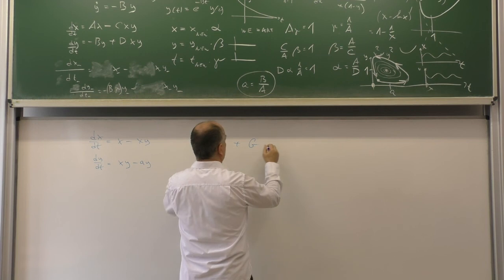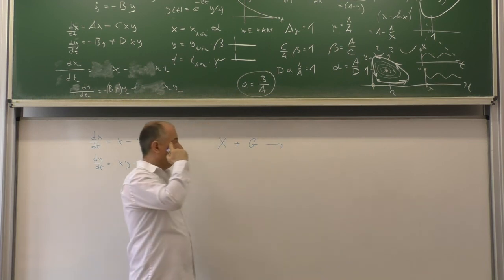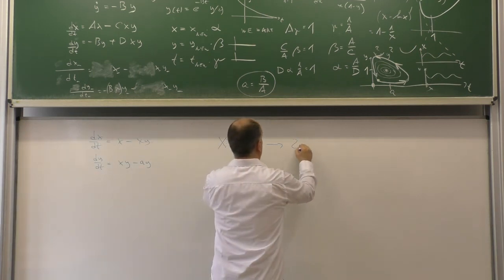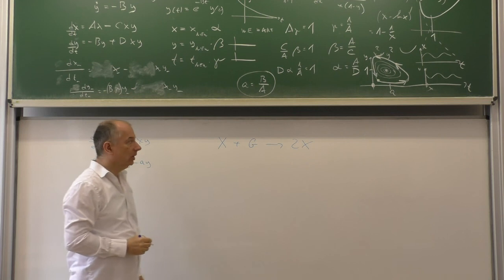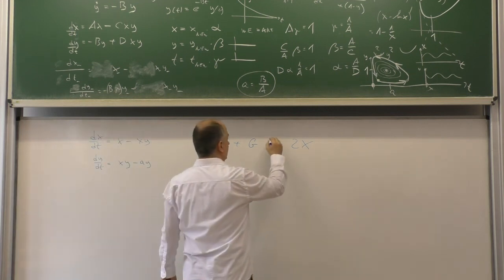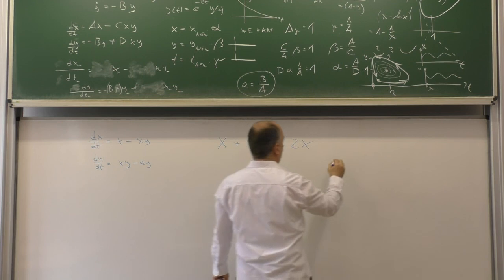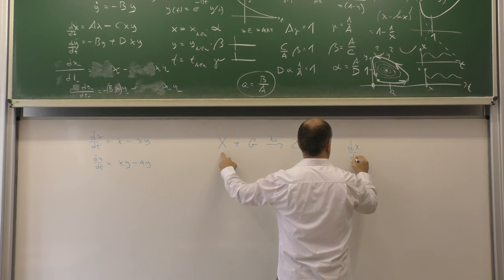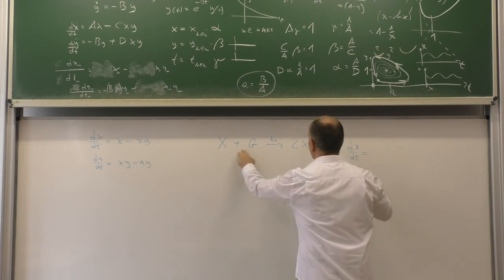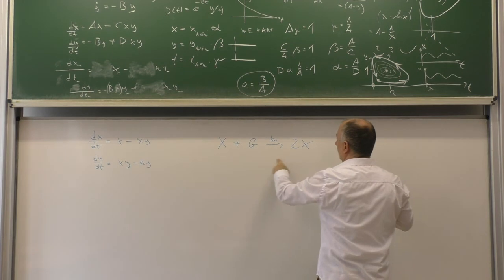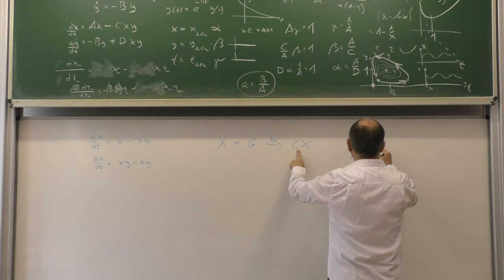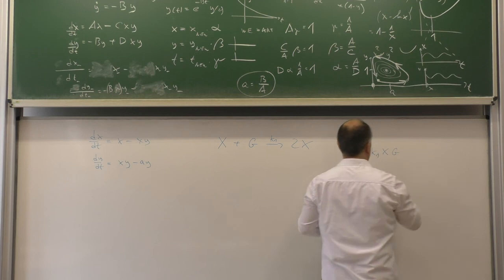And if these two molecules undergo a chemical reaction where two X are formed, with some constant K1, then the concentration of X changes with time as one molecule disappears, two molecules appear, that means one is generated, that means K1 times concentration of X times concentration of G.